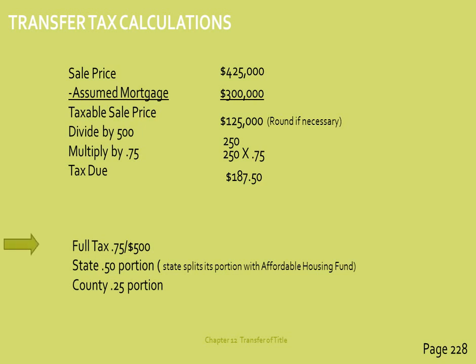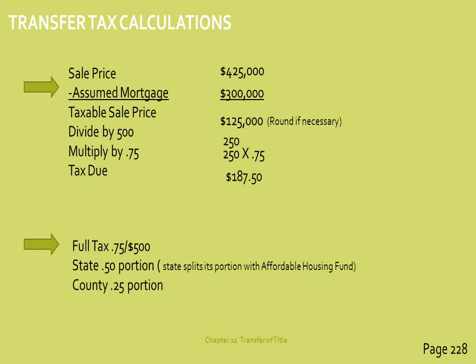And again, assumed mortgage, that's the only thing you can subtract from the sale price. In real life, sellers are paying on the full amount of their sale price because very rarely are buyers allowed to assume seller's mortgage. But on your state exam, they will show assumed mortgage, and that's the number you can subtract from the sale price.